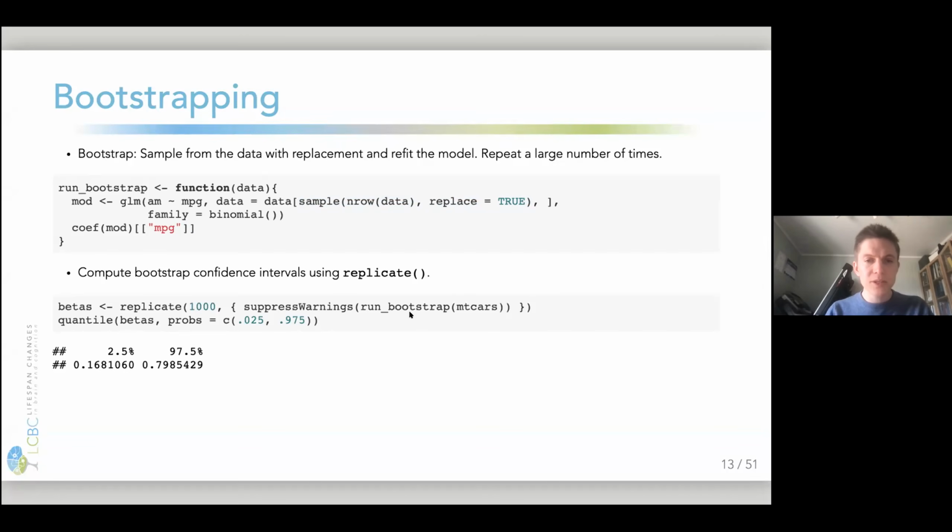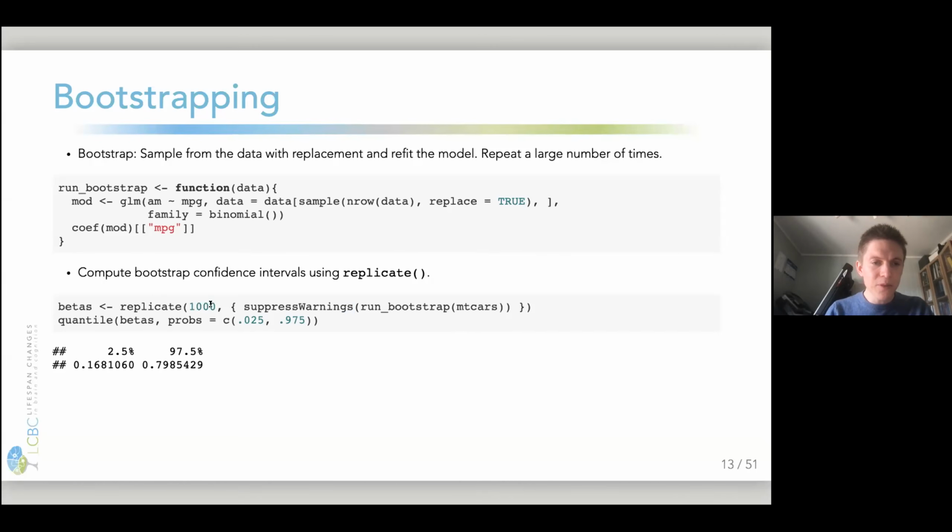Then, using replicate, which is one of the functions in base R, I can say betas, that's my regression coefficients, equals replicate 1,000 times this run bootstrap function. Because this data set is really small, there will be some convergence issues in a few of the sample data sets, so I put suppress warnings around it to avoid having warnings printed.